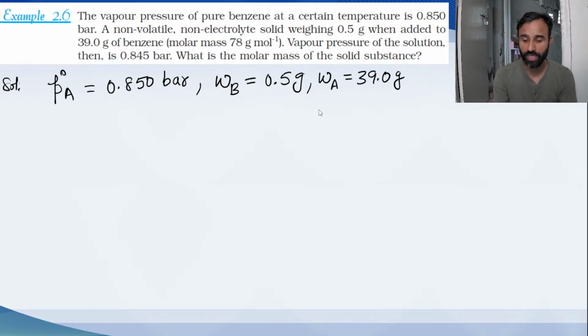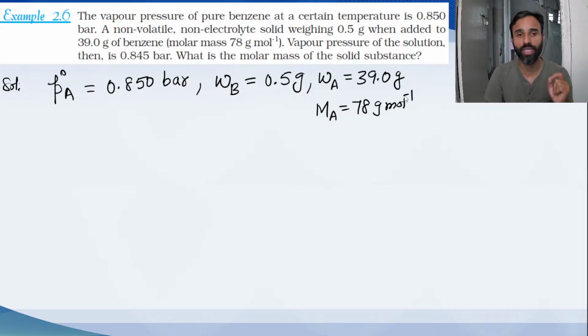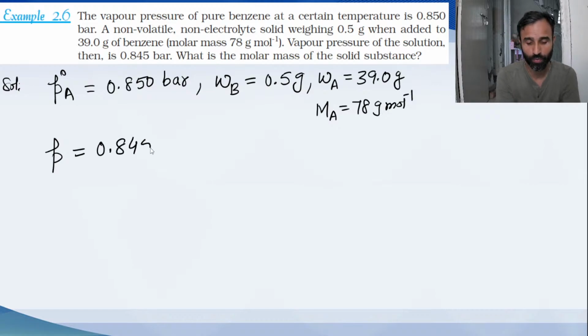And its molar mass 78 gram per mole. So vapor pressure of the solution then, P, is given to us as 0.845 bar.